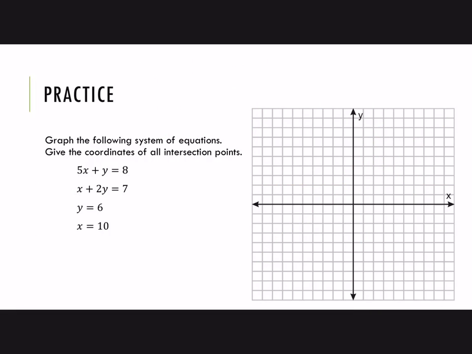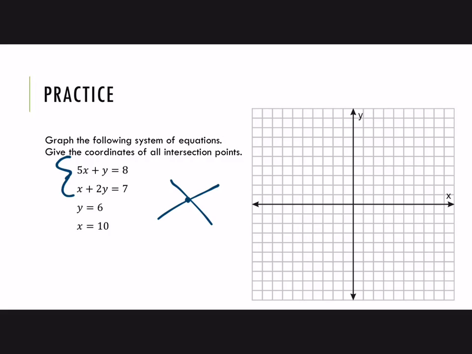Alright, here's another one that I will leave for you to do as practice, but make yourself a coordinate plane similar to this one, and then try to graph those 4 equations and give the coordinates of the intersection points. Now you're just going to look at pairs of 2 of them, so anytime you have an intersection point, go back to the 2 equations that correspond with that. Say it's maybe these 2.